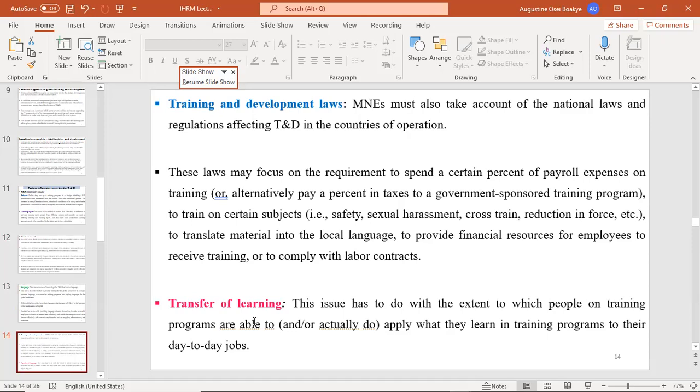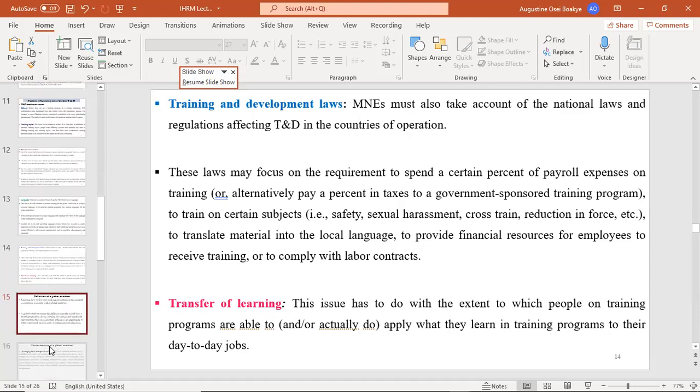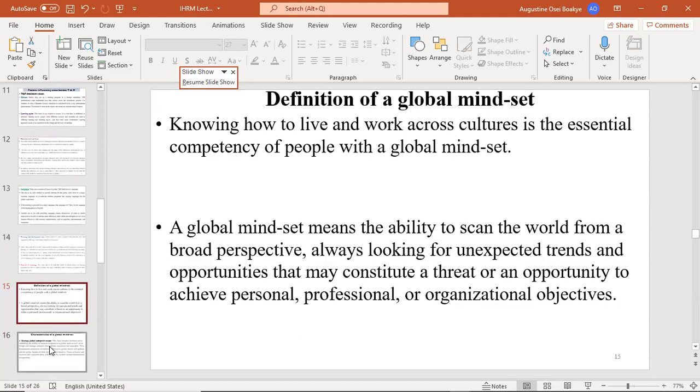This issue has to do with the extent to which people on training programs are able to, or actually do, apply what they learn in training programs to their day-to-day jobs. So those were the factors that influence cross-border training and development programs.